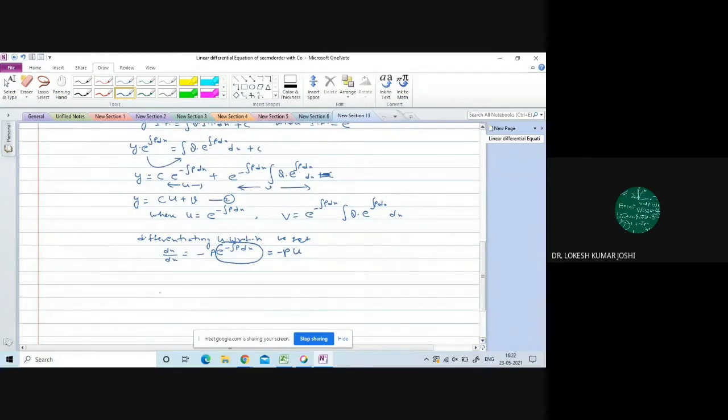Is this clear? Therefore, the differential equation can be written as du/dx plus pu equals 0.